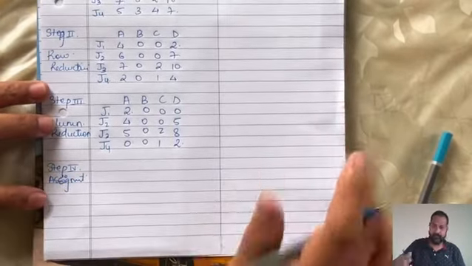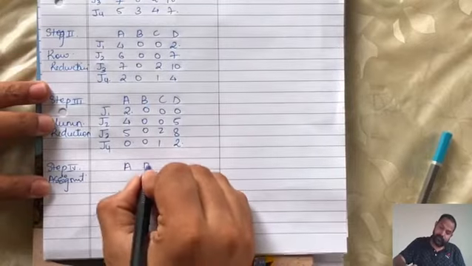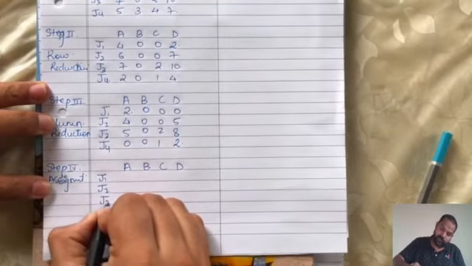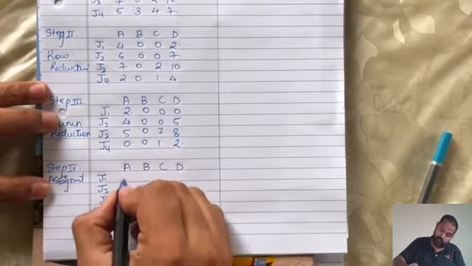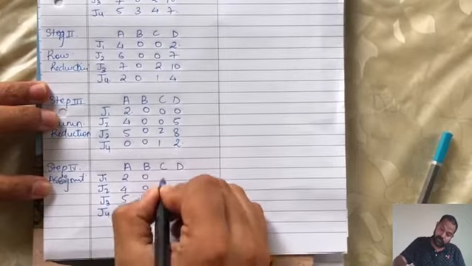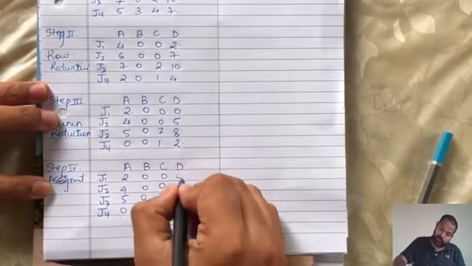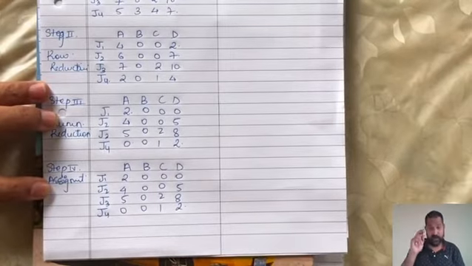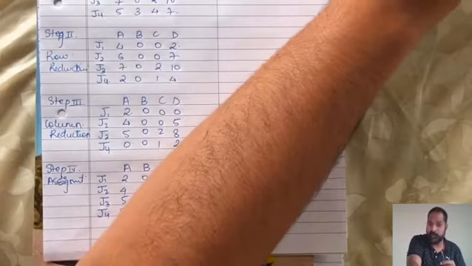Let's start assigning. A, B, C, D, J1, J2, J3, J4. 2, 4, 5, 0, 0, 0, 0, 0, 0, 0, 2, 1, 0, 5, 8, 2. Assignment with a pencil so that if any corrections are required, I can quickly do them.